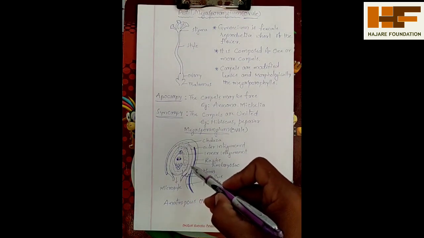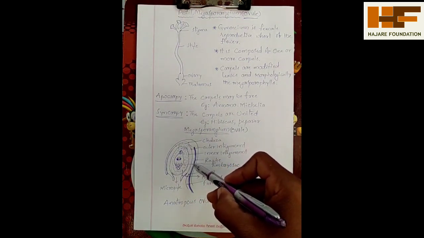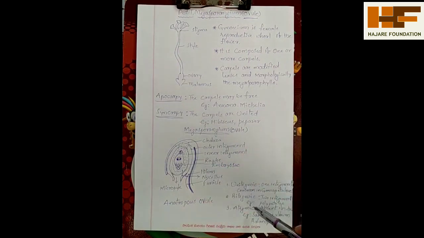Based on the number of integuments, the ovules are of different types, like unitegmic ovules, bitegmic ovules, and ategmic ovules. If we observe the unitegmic ovules, only one integument is present in the ovule.